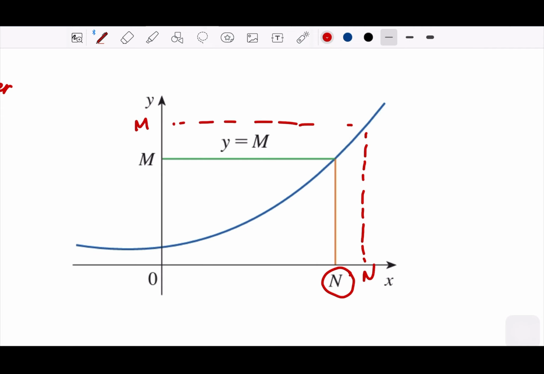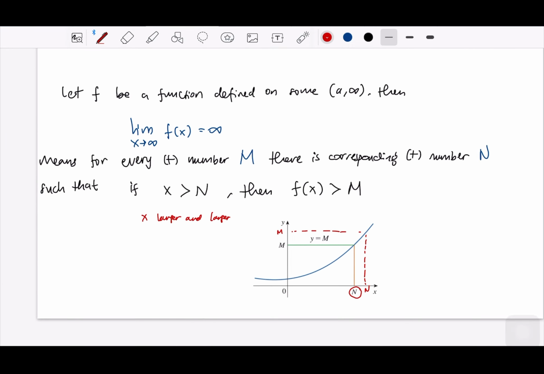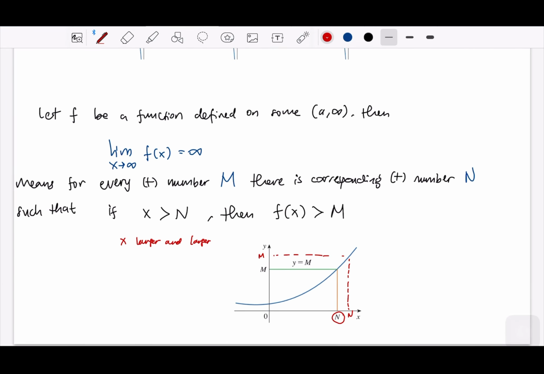So when we increase n, m also increases, and we can imagine that if we take the limit, the result will be infinity. That's the precise definition of an infinite limit at infinity.